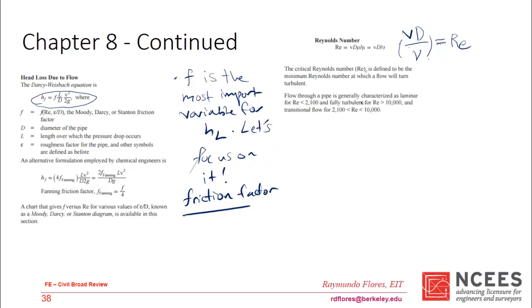So when we can get the Reynolds number, it allows us to determine whether it's laminar, in the case of Reynolds number being less than 2,100, fully turbulent for greater than 10,000, and transitional for between 2,100 and 10,000. But why is that important?